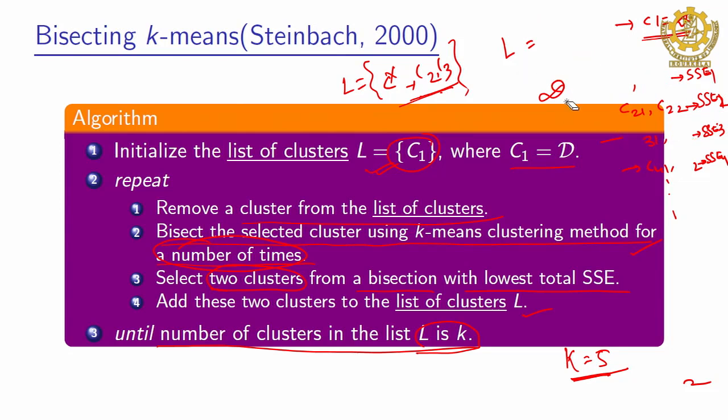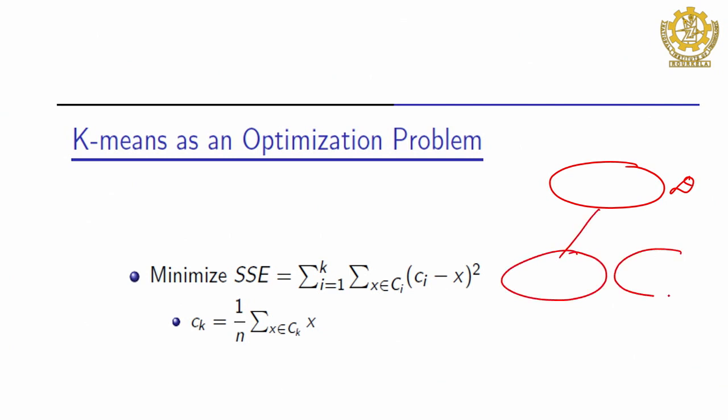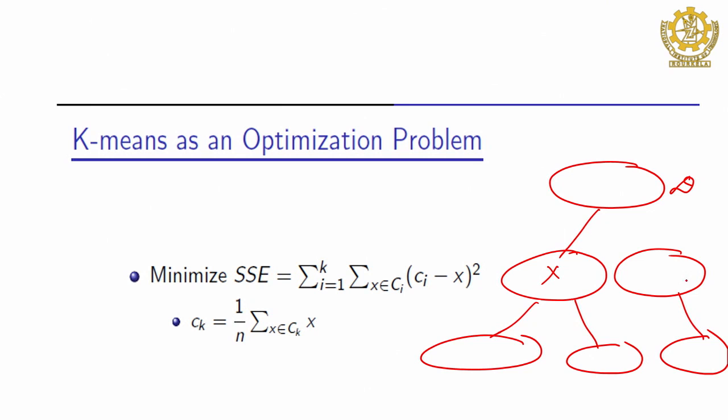What you can see eventually: you had one big cluster, that is the data set D, then you got 2 clusters and then you added them to the list. So, you had 2 clusters, now this cluster you removed, and then at the next level you got the same clusters again.